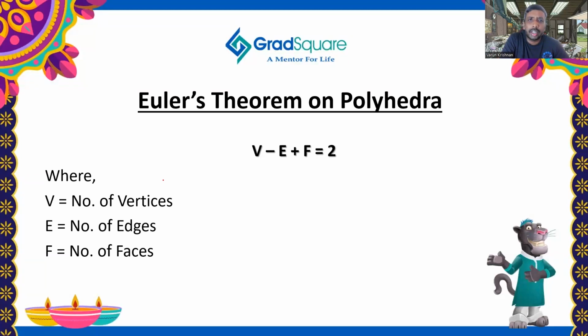This equation says that for any polyhedron, so polyhedra are any three-dimensional shapes which are completely enclosed using planes, be it a cube, a cuboid, a hexagonal prism, an octagonal prism, or a Buckminster Fullerene, all of the closed polyhedrons in the world will follow this equation that V minus E plus F is equal to 2. This is a very basic equation where V stands for number of vertices, E stands for number of edges, and F stands for number of faces.